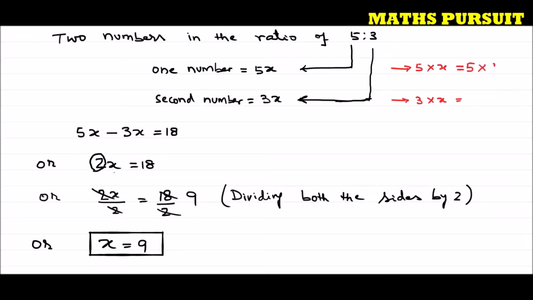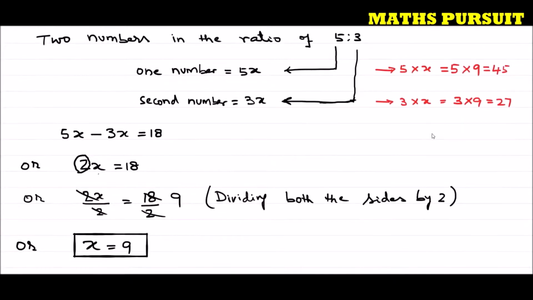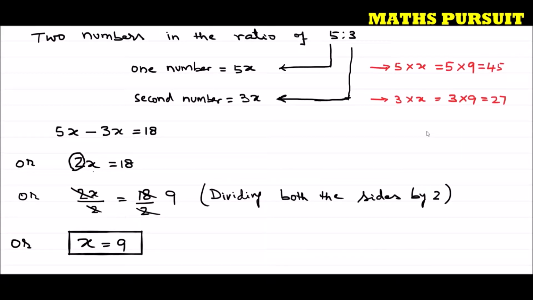So replacing the value of x with 9: 5 into 9 and 3 into 9. 5 nines are 45 and 3 nines are 27. So when we replace the value of x, we got one number as 45 and the other number as 27. Hope guys you understood this.